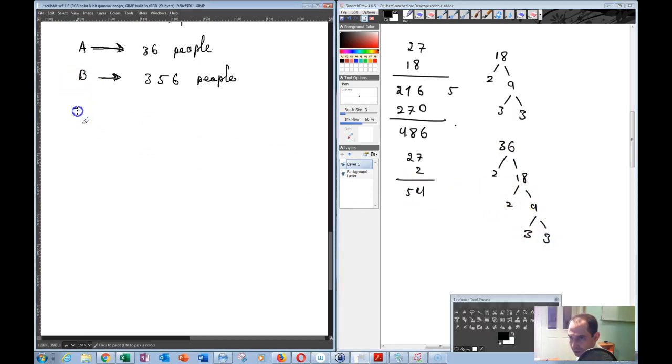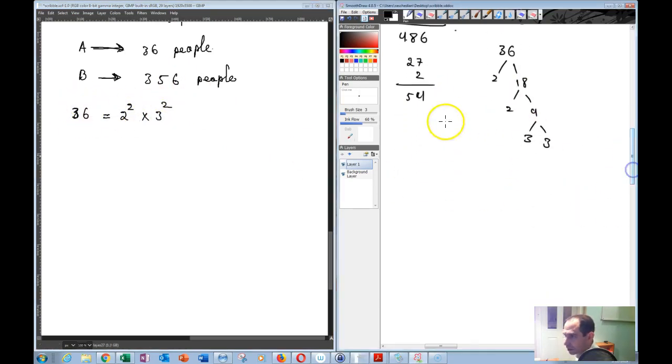So you can write 36 as 2 raised to the power 2 times 3 raised to the power 2. That's basically 36.